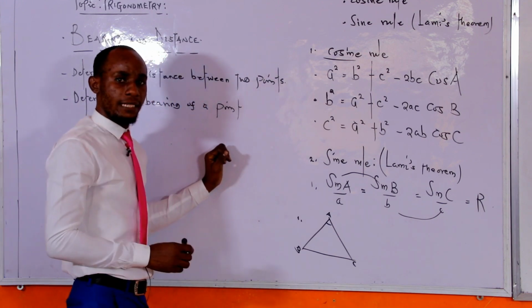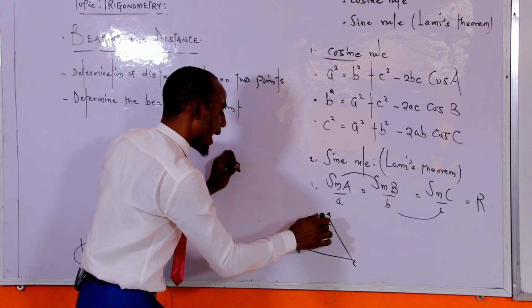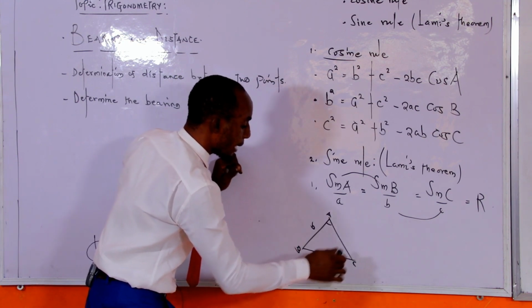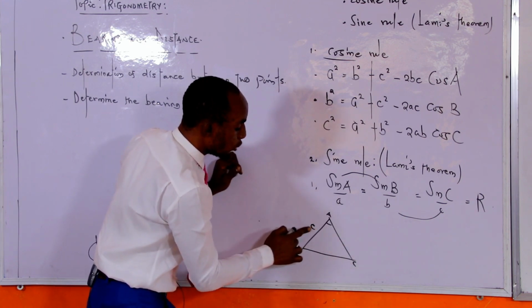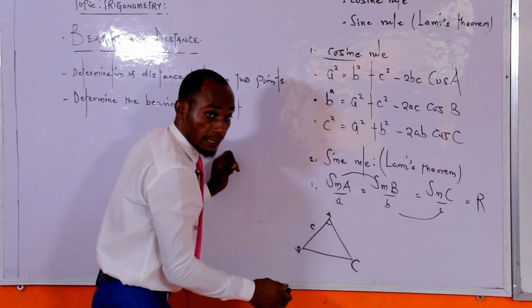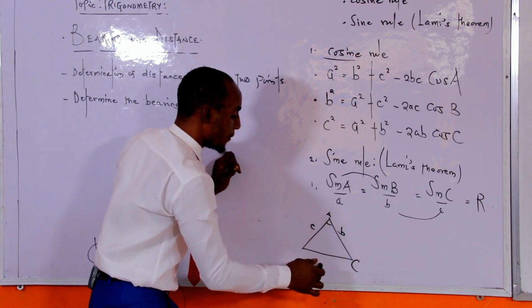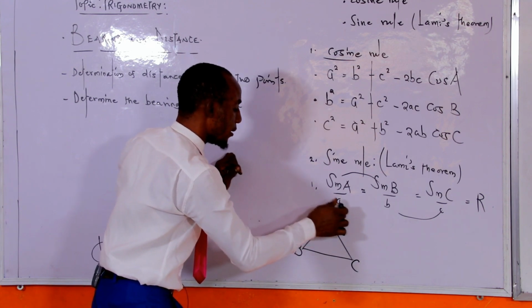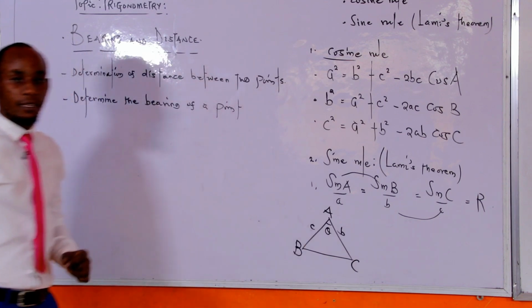In this triangle we have two sides, let's call it side b and side c. Side c is always facing angle C, while side b is always facing angle B. So this is angle B, and this is angle A, with an angle, let me call the angle theta.